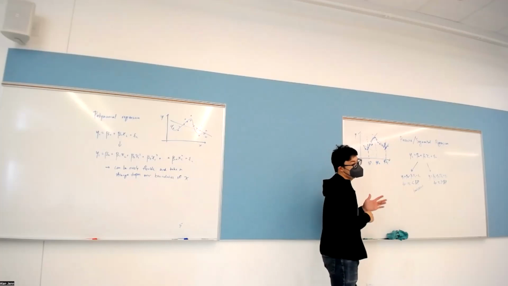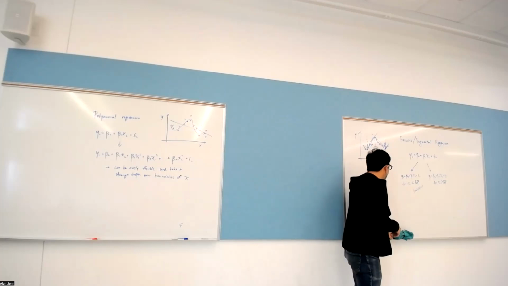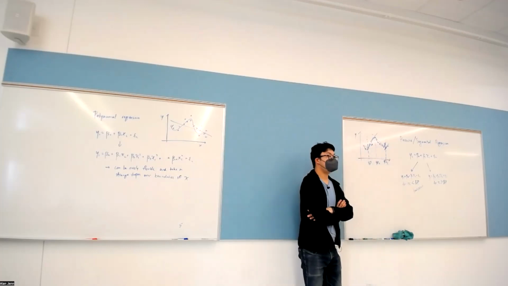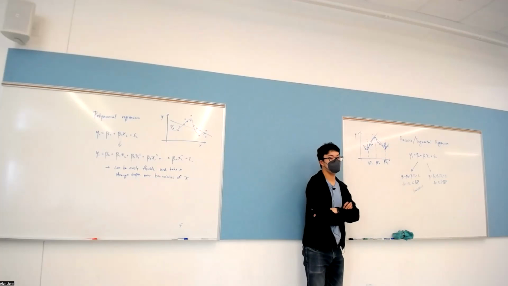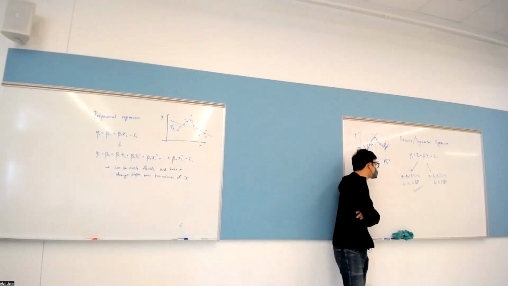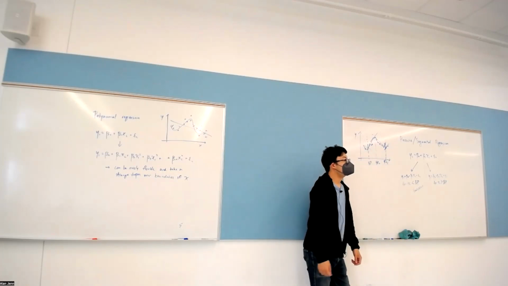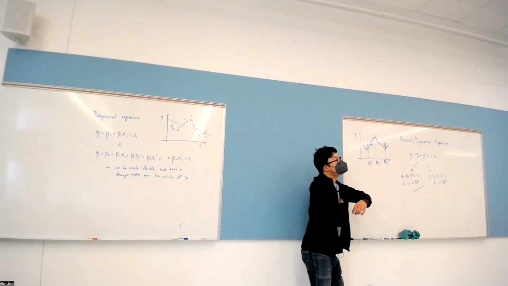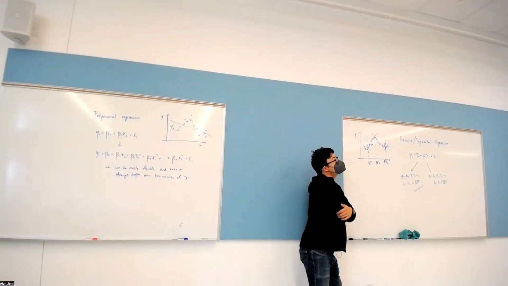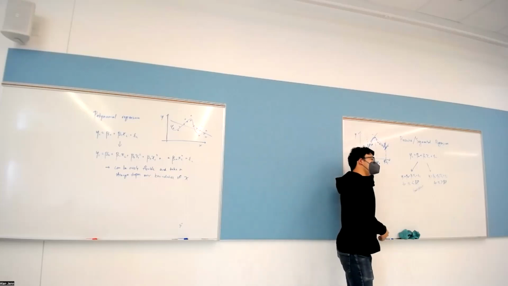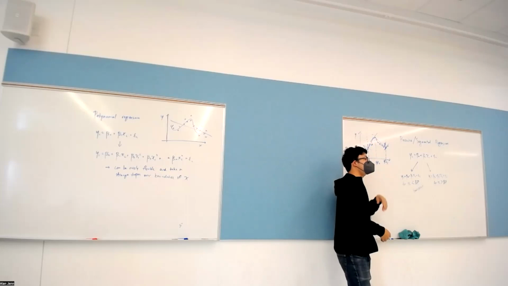What do you guys think? What is one possible way to come up with a breakpoint or multiple breakpoints? So you mean if you chose multiple breakpoints, seeing if it goes up and down?